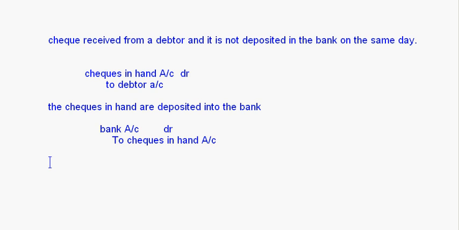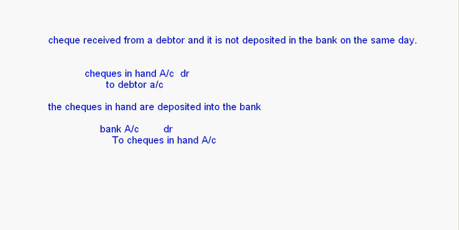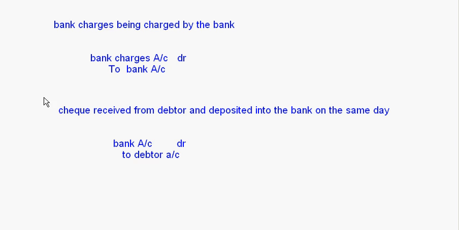Now, one more important entry for this banking transaction is when a check is dishonored. When you receive a check, like here I had written an entry, check received from a debtor and deposited into the bank on the same day. This is check received from a debtor, bank account to debtor account.